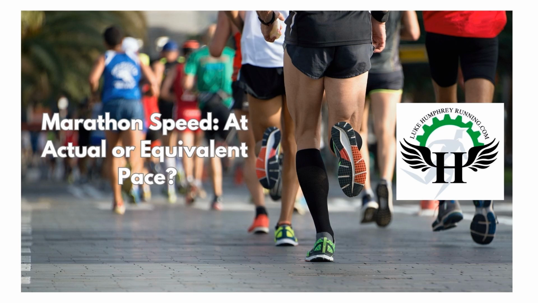If you are training through, let's say, June and July, and you have some local 5Ks, then sure, you could do your actual goal race pace, because then you would just switch over and run your marathon pace for the rest of the stuff. A lot of times you're just trying to establish some baselines and things like that. If that's the case, then yes, you definitely have the freedom to do that.